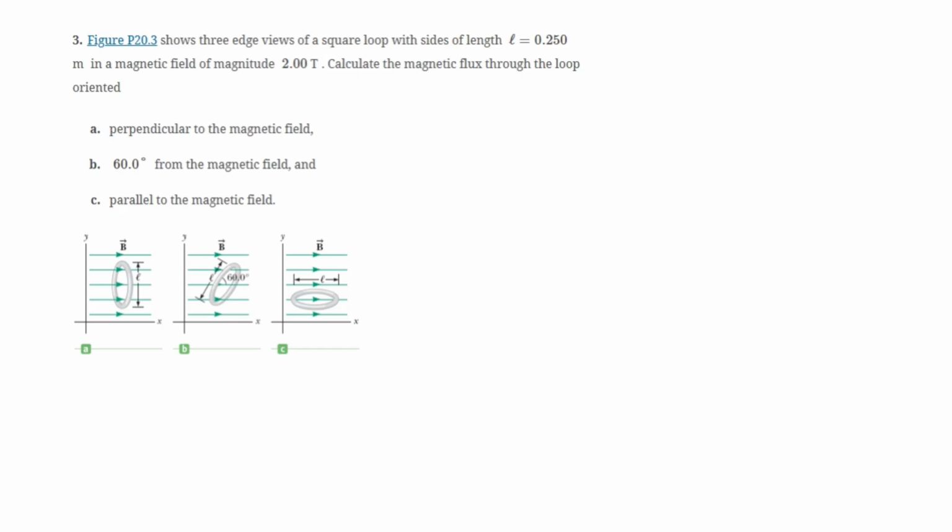So the first thing I'm going to do is to calculate the area of the loop before doing anything else. So the area of the loop, as it's a square loop, would be the square of the side.